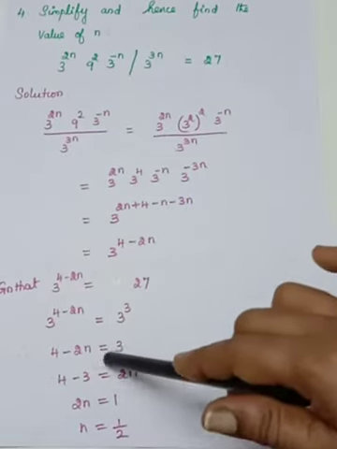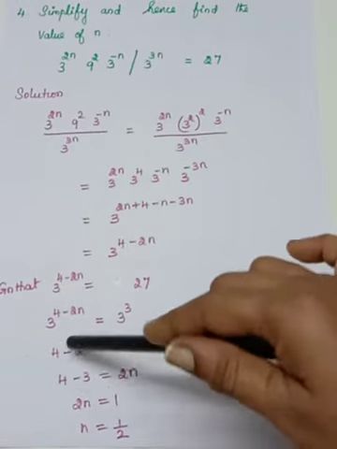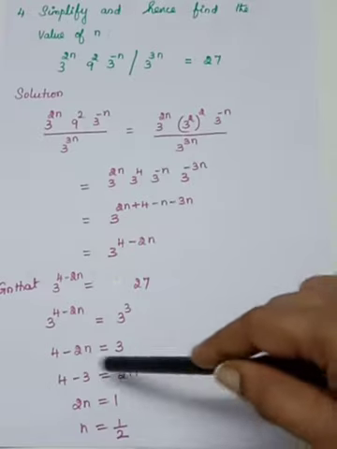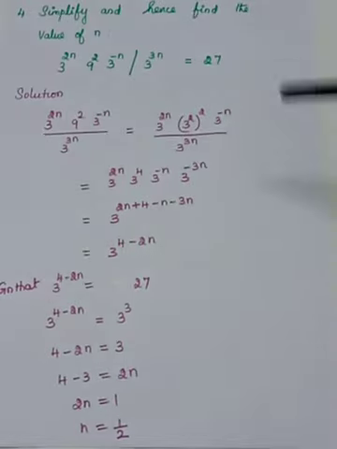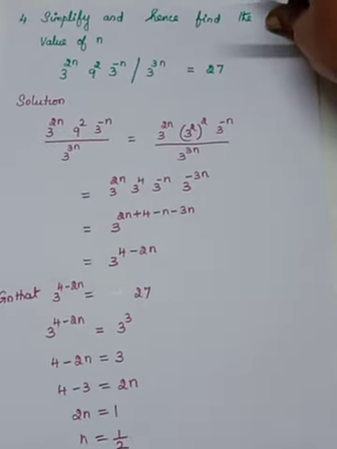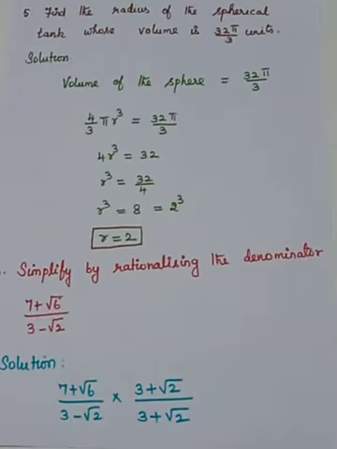So it is 4 minus 2n is equal to 3. So bring this 3 to the left side as minus 3. Minus 2n, when you take it to the right side, it is plus 2n. So 2n is equal to 4 minus 3, which is 1. So what is n? n is equal to 1 by 2. So we simplified, and hence the value of n is 1 by 2. Okay, so we'll go to the problem number 5.